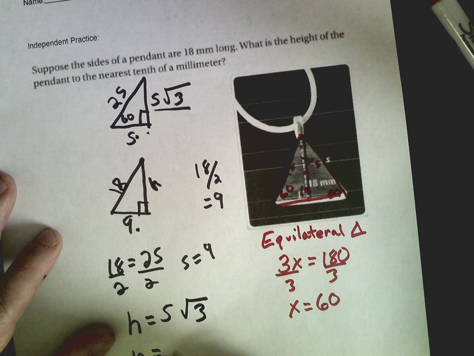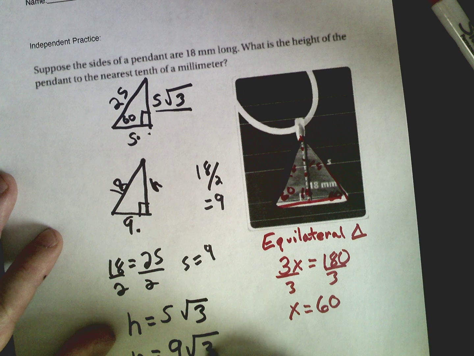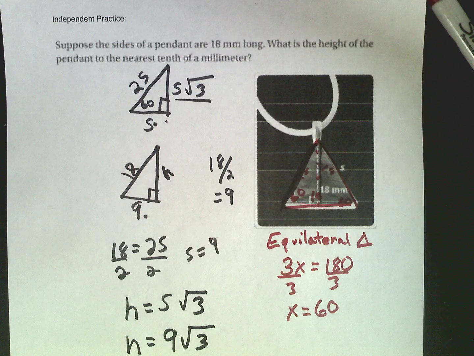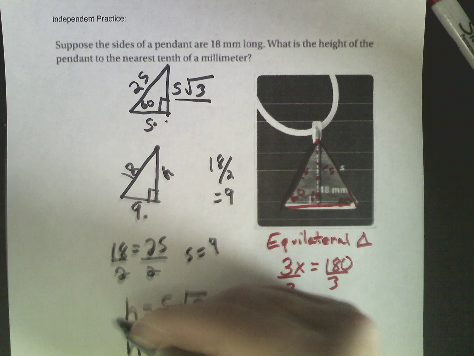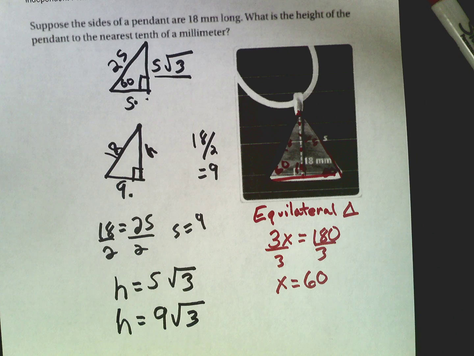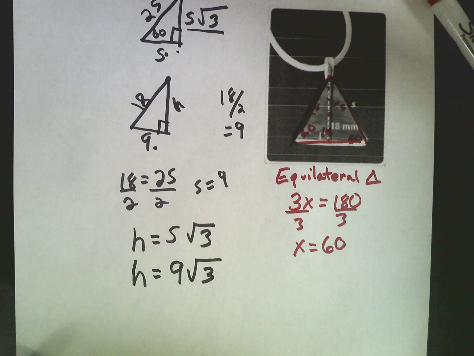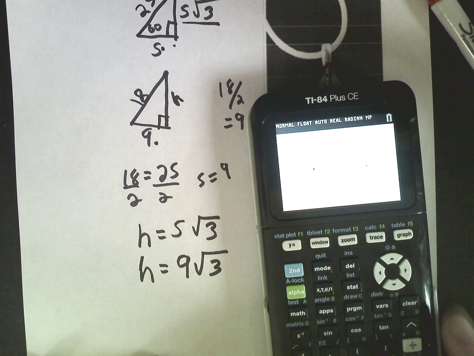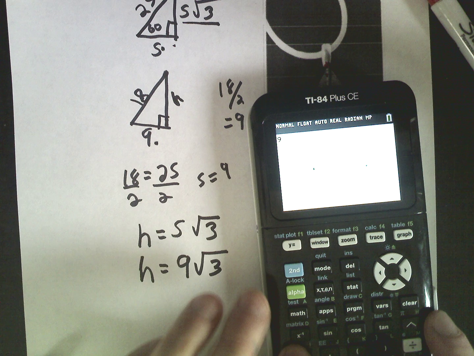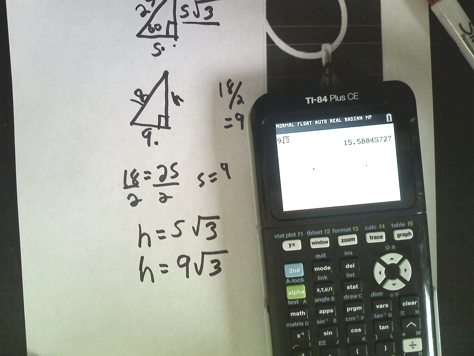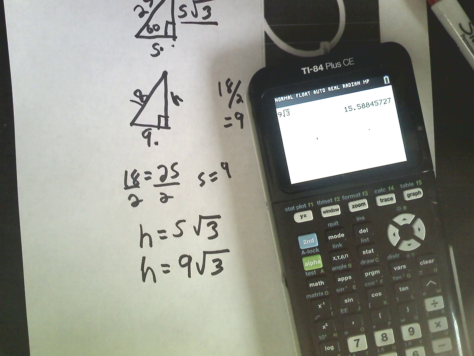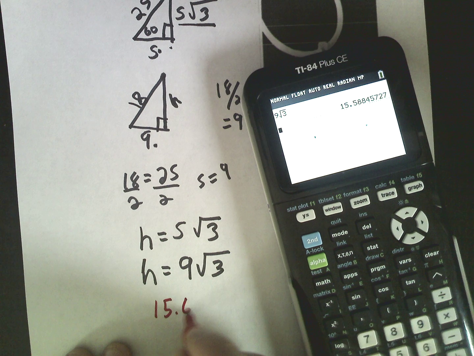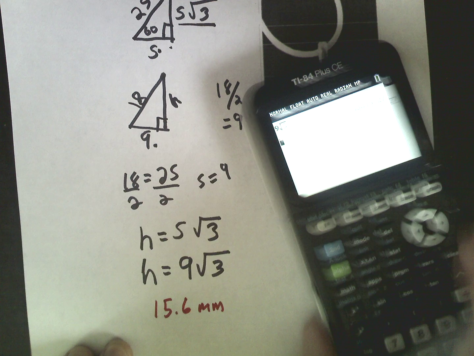So H is just equal to 9 square root of 3. Now, if you really must know exactly how many millimeters H is, just plug it into the calculator. I go 9 times the square root of 3, and it's, I'm going to say, 15.6 millimeters.